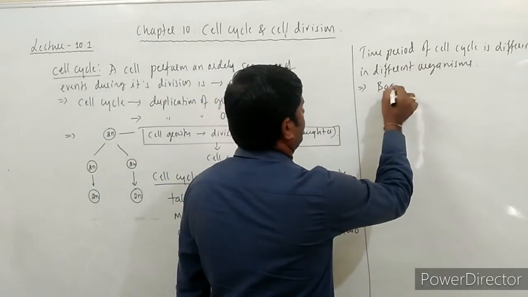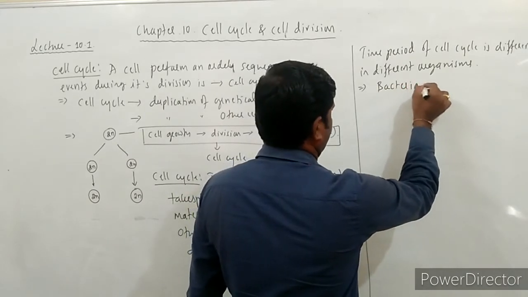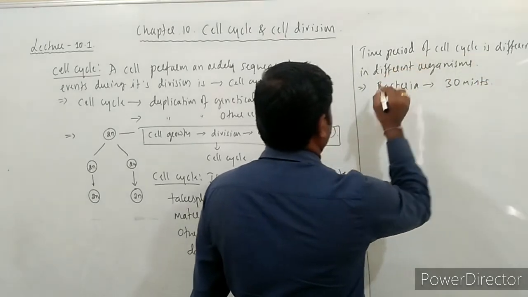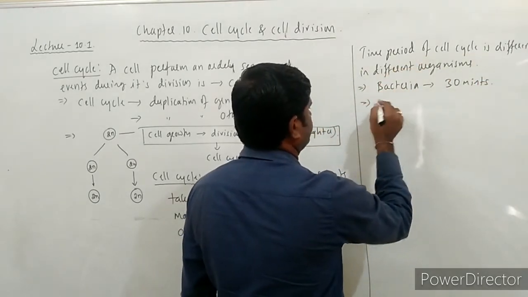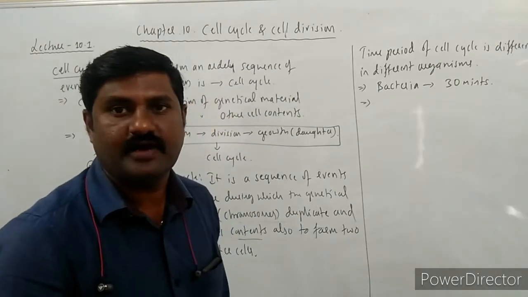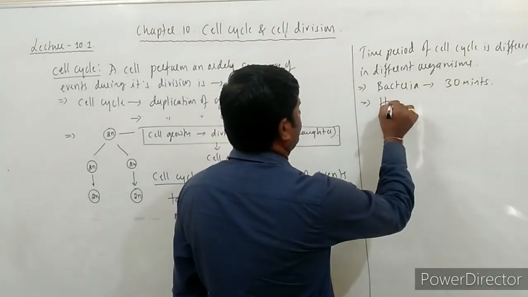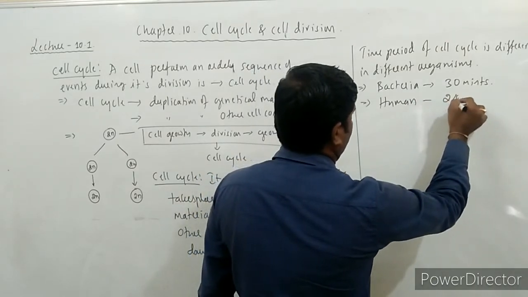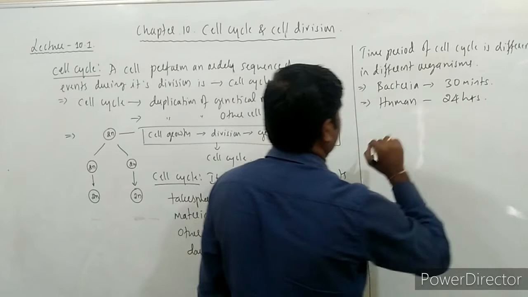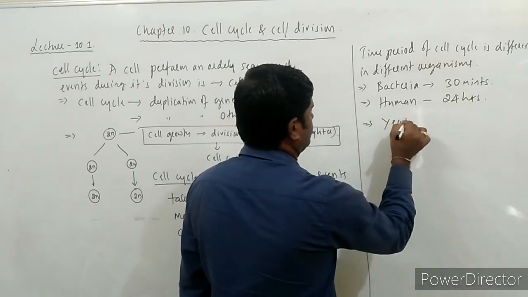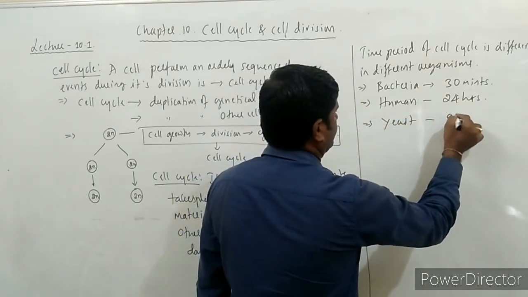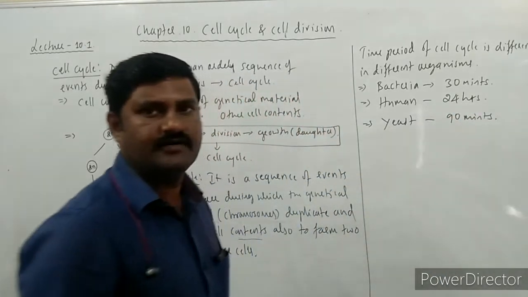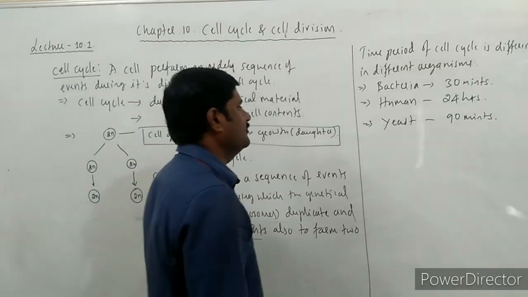In bacterial cell, in bacteria, it takes 30 minutes to complete the cell cycle, right? So this is one fact. In case of human being, it is about 24 hours. In case of yeast, it is 90 minutes, right?